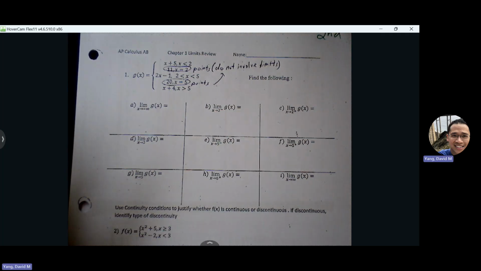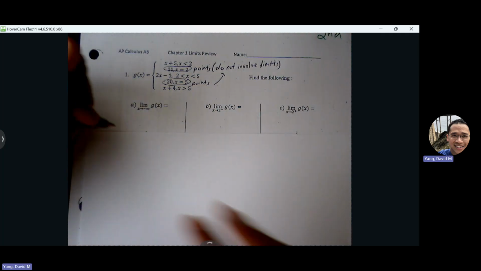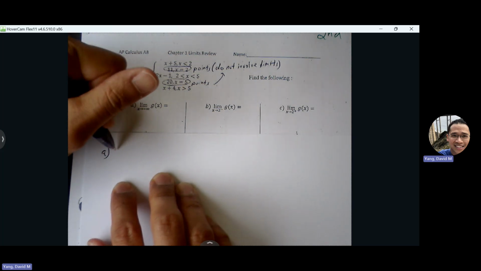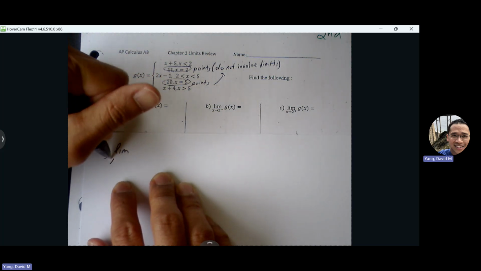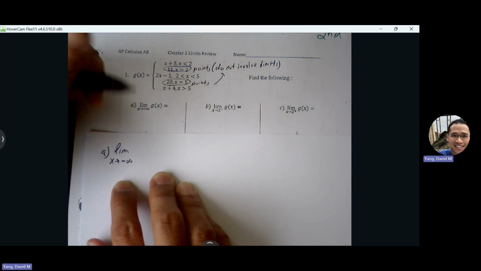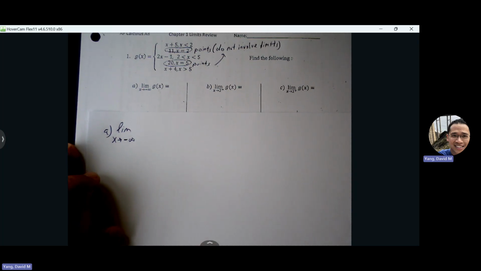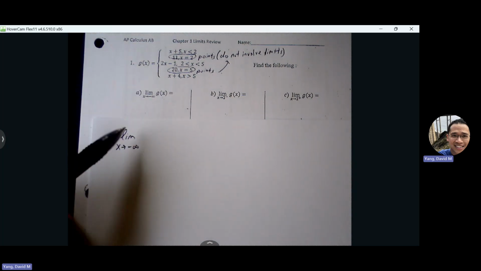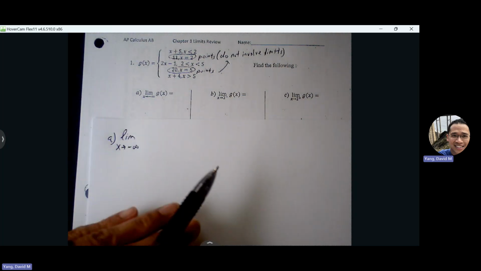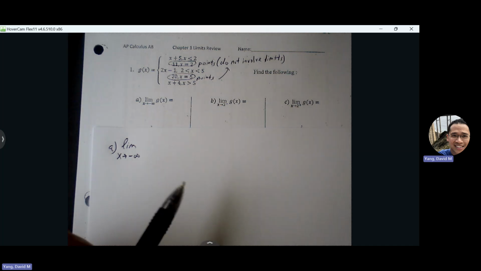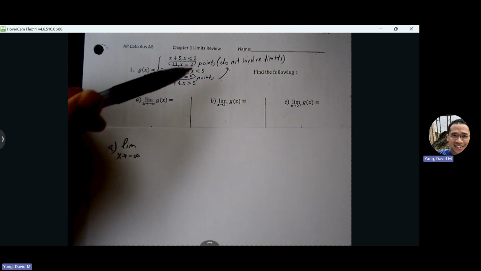All right, so part A, I'm gonna put on a separate sheet just so I can have enough room to show the limit as x approaches negative infinity. So that means we're following graph to the left, negative 100 along that interval there.